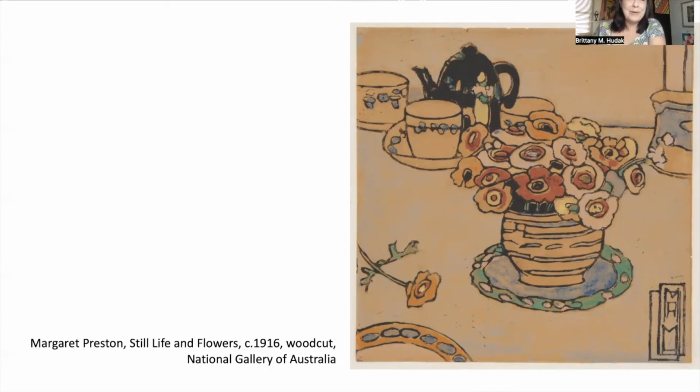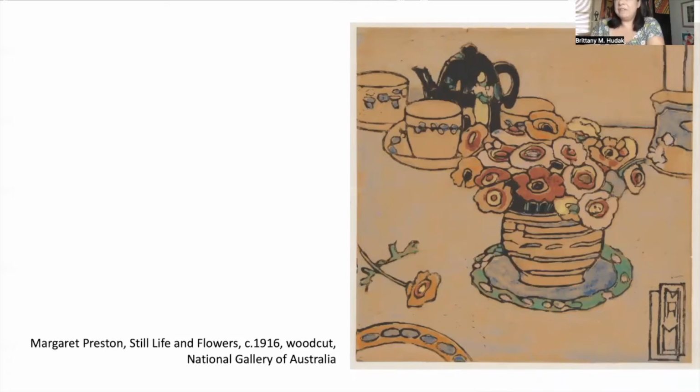I didn't write this down in my notes, but it says produced in the Japanese style with so many blocks, because this was done in the traditional multi-block style of carving a different block for each color in the image. And you can even tell by the way she signed her name in this kind of vertical way, it just has a very Japanese feel to it.